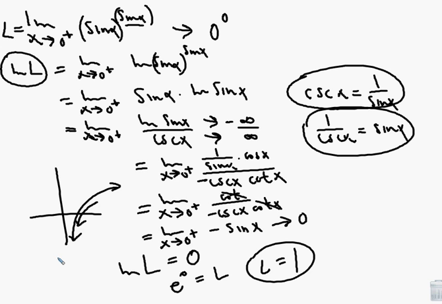But that's the answer. The key here is we took the natural log of both sides, brought the exponent down, and reformed it into a fraction, so that we get infinity over infinity. Then we take the derivative of the top and the derivative of the bottom. We simplified that so that we got a nice, easy negative sine, which goes to 0.